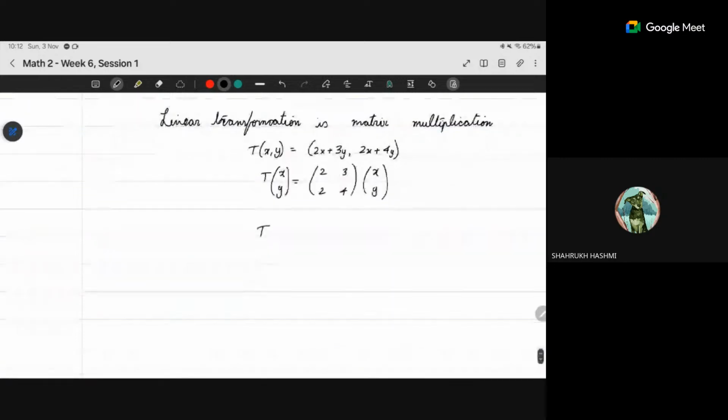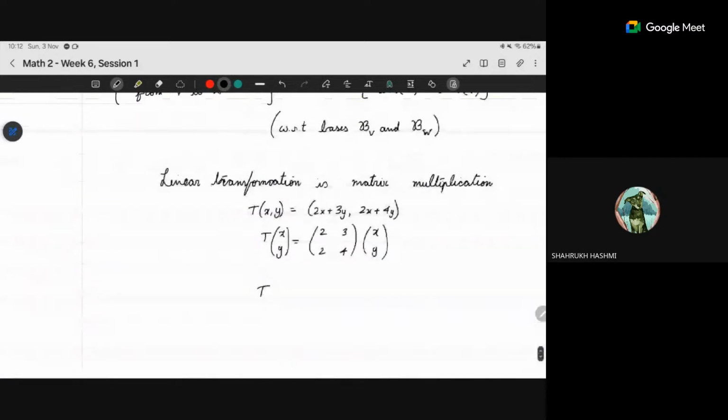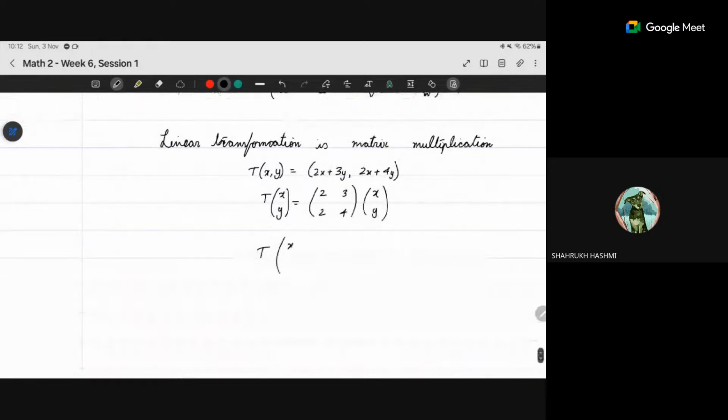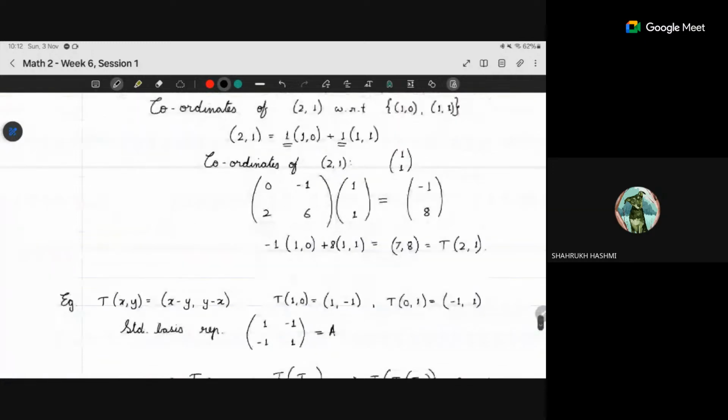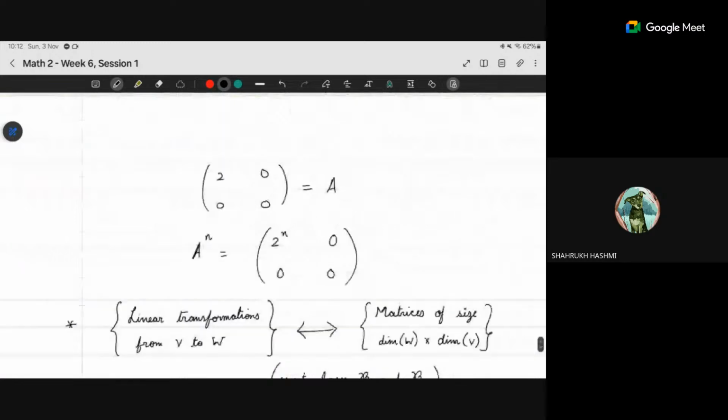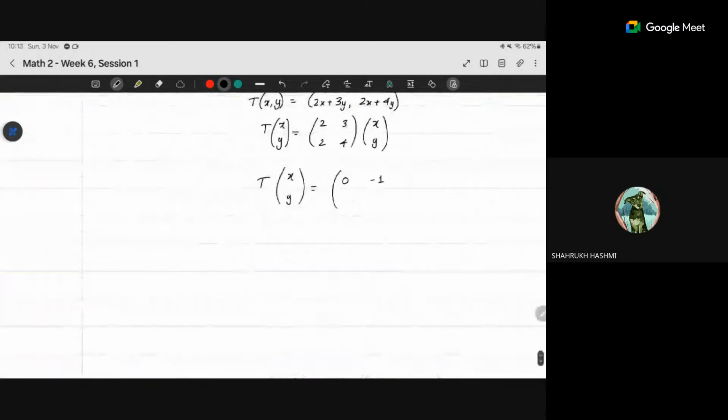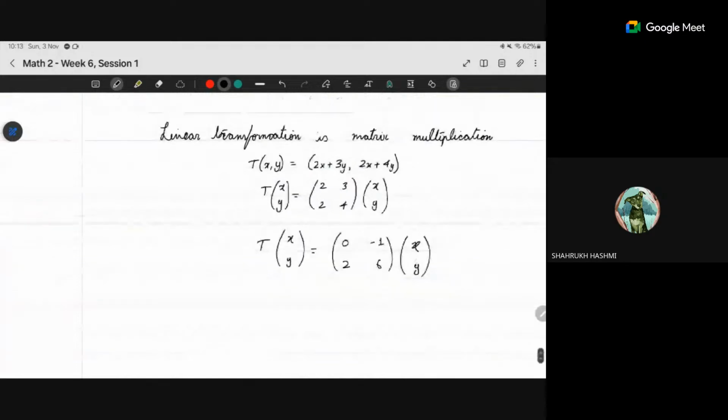But what about the matrix representation with respect to other bases? Of course, this is not the same as the other basis that we calculated, 0, minus 1, 2, 6. This is not true, because I'm saying this is a matrix representation for this linear transformation itself, but it means this x, y is not your canonical coordinates.